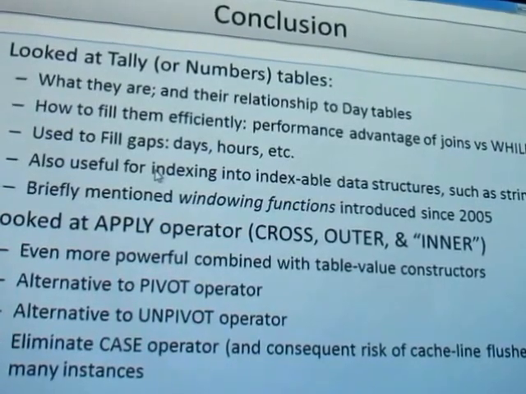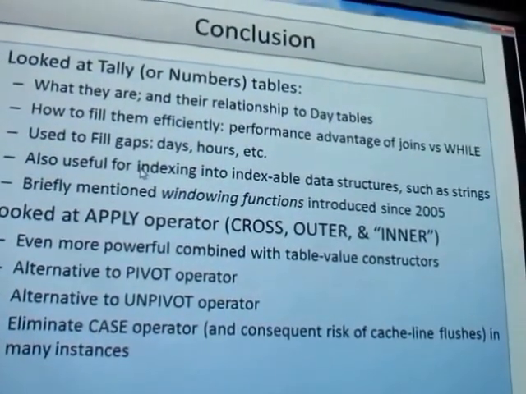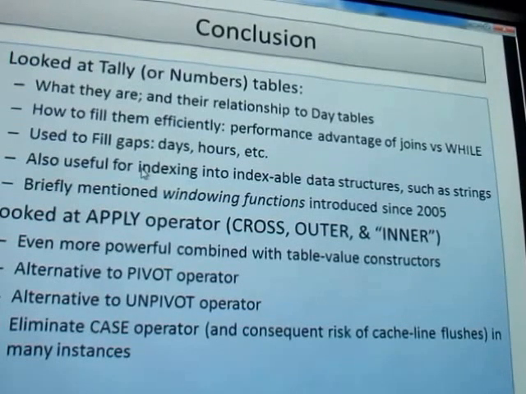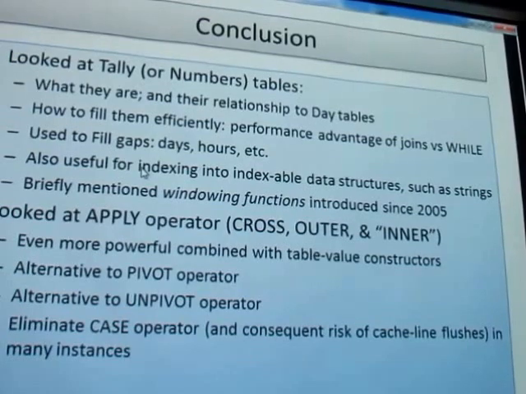And since I know I'm going to read my code 10 times as often as I write it, I always like to create code that's easy for me to read. And then I pointed out how they can eliminate the case operator with the consequent risk of cache line flushes, which is something you're not going to see necessarily as a performance hit, but may be a hidden performance hit that you won't detect until you actually do a comparison.